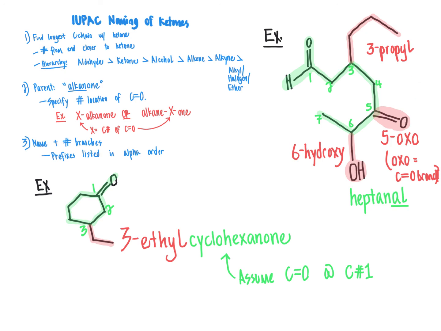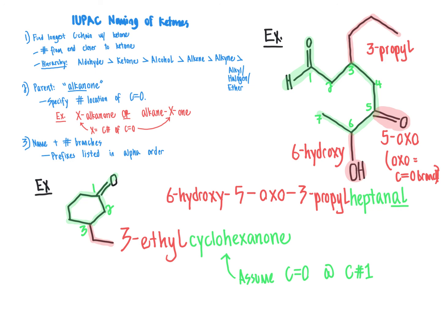So I'm going to list those in alphabetical order here, starting with 6-hydroxy-5-oxo-3-propyl. And the word propyl runs directly into the word heptanal. No space between those two words, propyl and heptanal, because there is no number there, so we don't need any dashes, we don't need any spaces, anything like that.